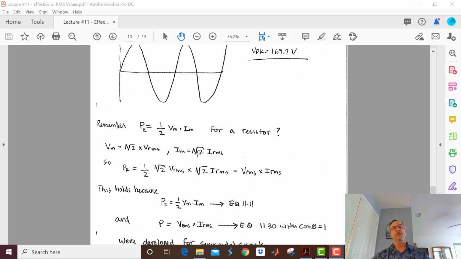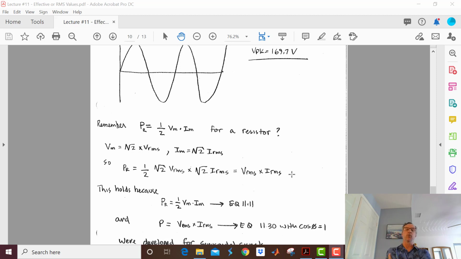And I_max is 1.414 times I_RMS. So let's substitute these in for V_max and I_max. And I get the power in the resistor is 1/2 times root 2 V_RMS times root 2 I_RMS. Hey, the power in the resistor is equal to just V_RMS times I_RMS.